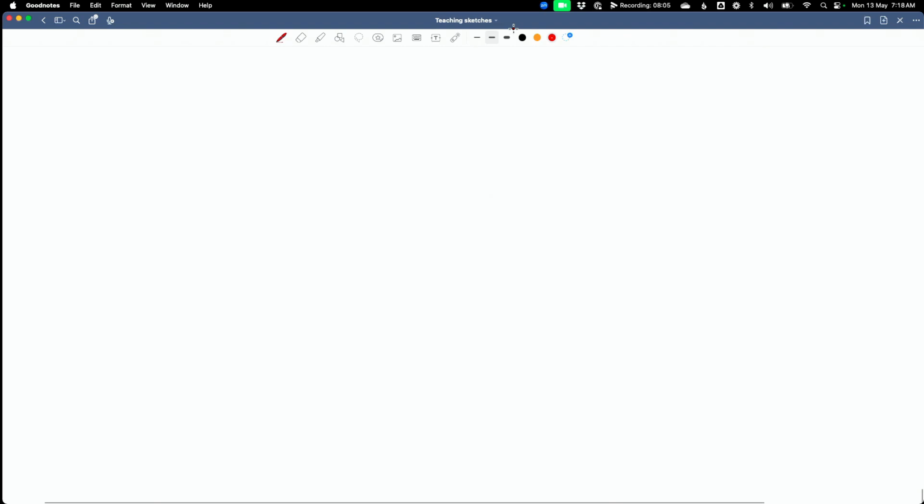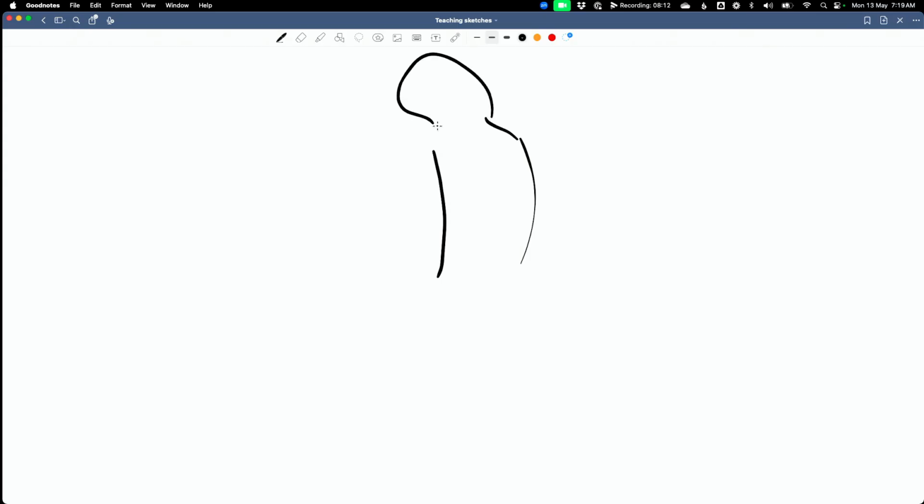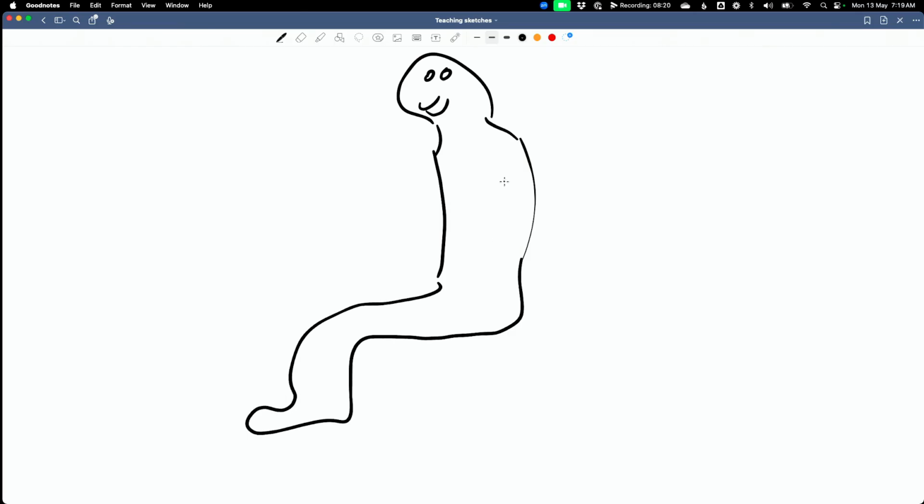So we're going to talk about that, but we can talk about it now. Basically, think about your sciatic nerve. There's your spinal column, there's your pelvis, there's your leg bone, etc. Your sciatic nerve is part of your brain.